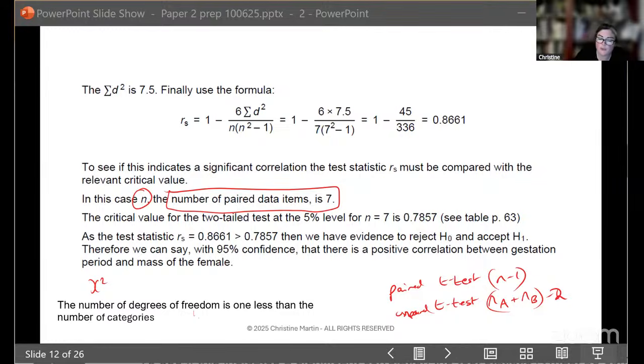So if, for example, you had a predicted ratio of 1:1:1:1, you have 4 categories. Because you've got 4 categories, your degrees of freedom would be 3.